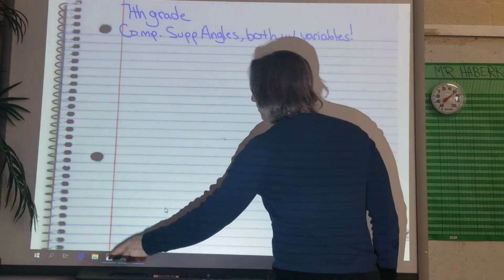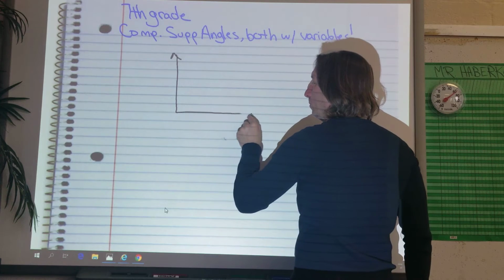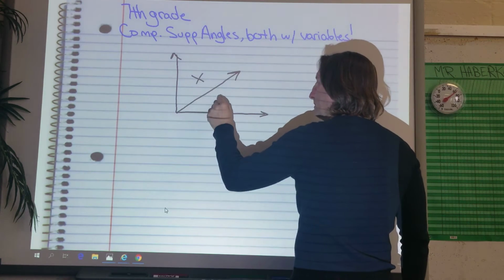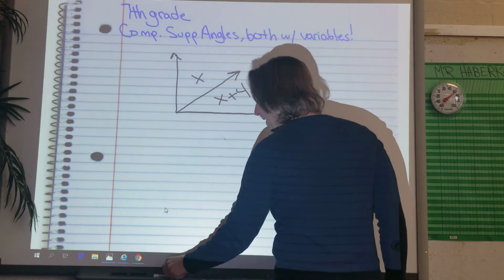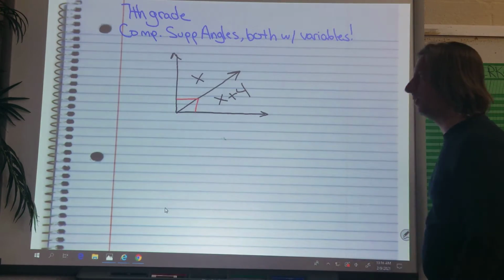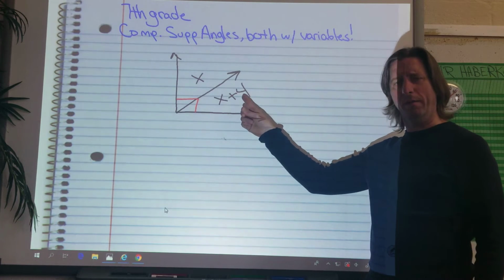So some of them will give you a right angle. And it may not tell you any of the angles. All it tells you is that this angle is x, and this one is x plus 4 more.